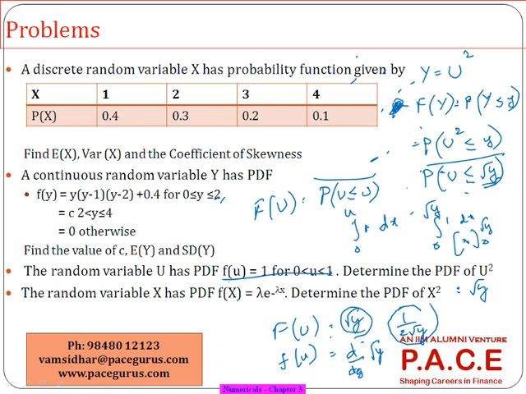So square root of y you can very well write as square root of u squared, which is u, giving 1 by 2u. So the probability density function of u squared will be working out to 1 by 2u.